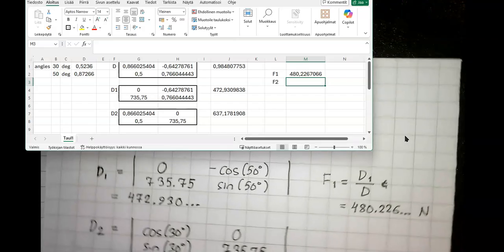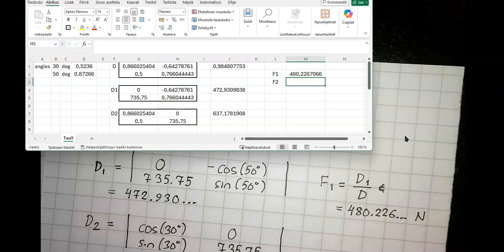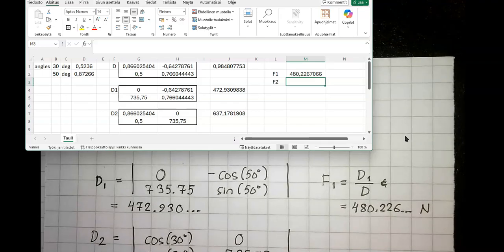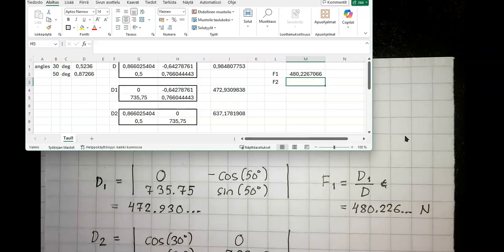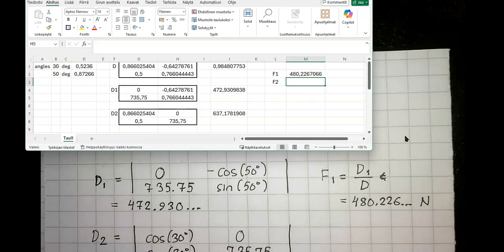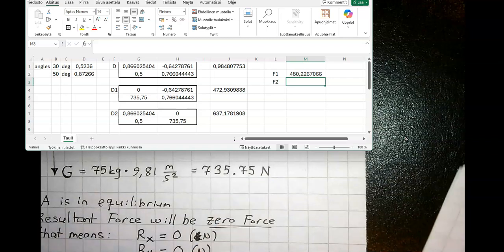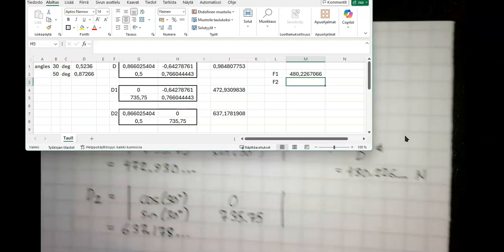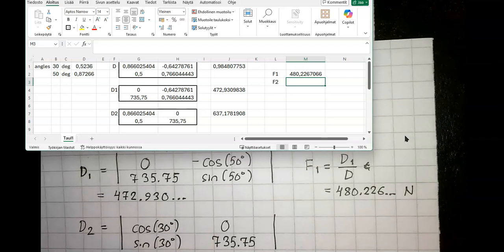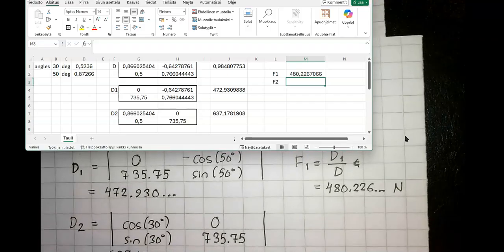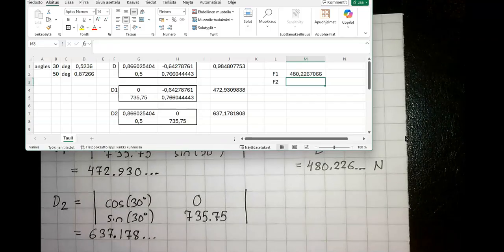As I told in the beginning of this example, I dropped that unit away from these equations, but we know that the value of G was in newtons, so the units of these F1 and F2 will also be newtons.